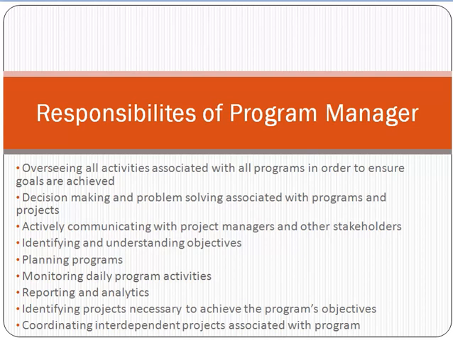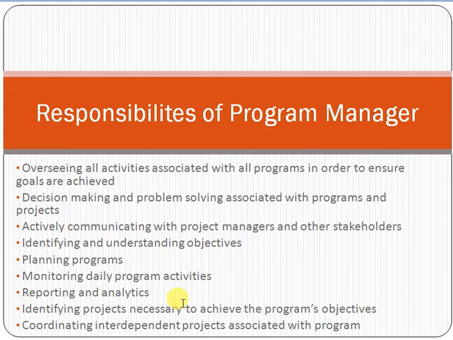The responsibilities of a program manager are, for example, overseeing all activities associated with the program, decision making if any decision is required, actively communicating with the project managers, and identifying the objectives and communicating them to other stakeholders. He is leading the program planning, monitoring daily program activities, reporting, analytics, and also identifying the projects necessary to achieve the program's objective.